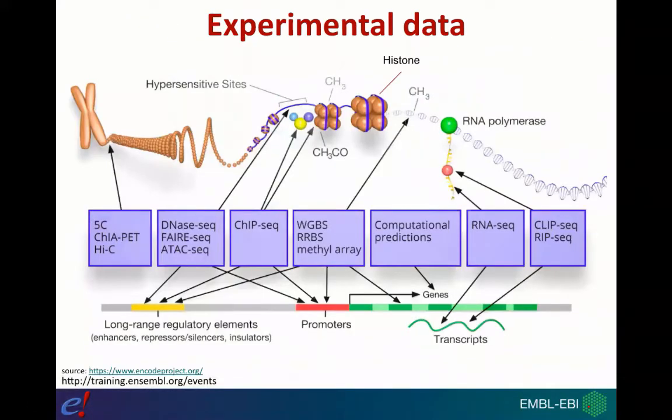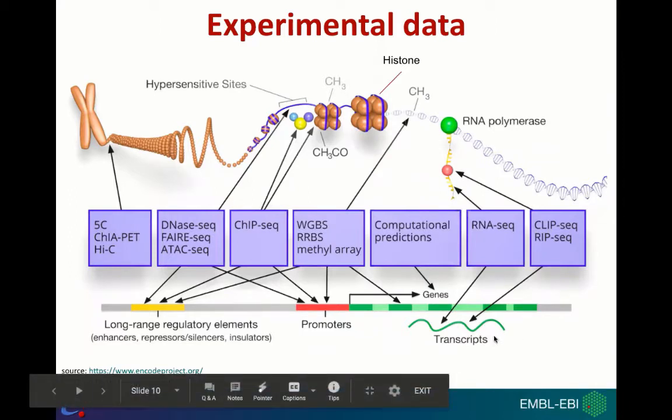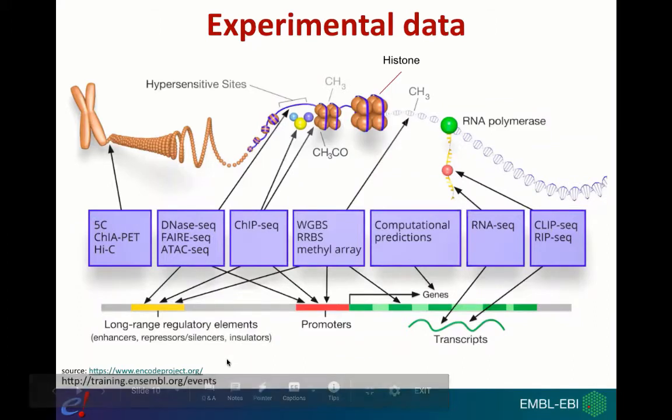There is a wide array of experimental techniques that we as scientists can use to explore the different levels of transcriptional regulation present across the different regions of the genome. Again, this image is taken from the ENCODE project, and it describes the different ways that we can assay the transcriptional regulation at these different levels.